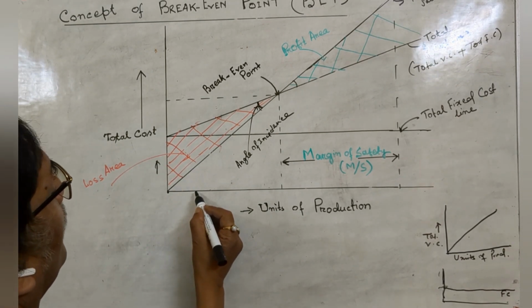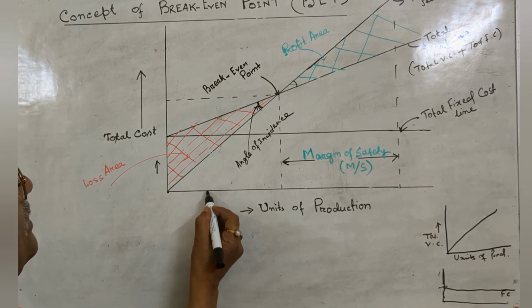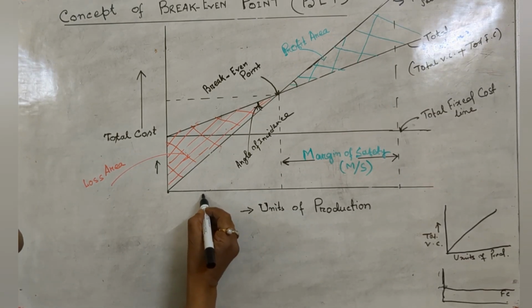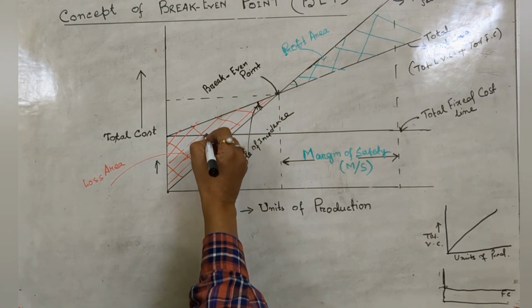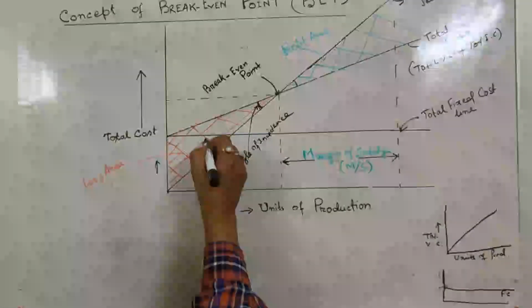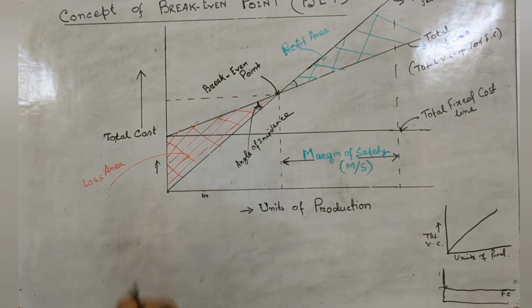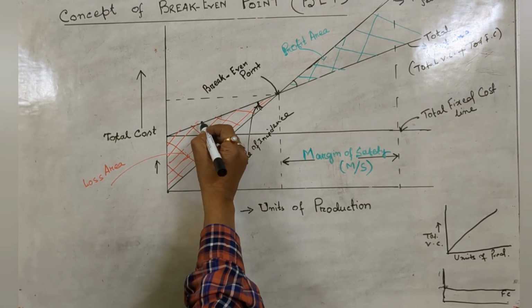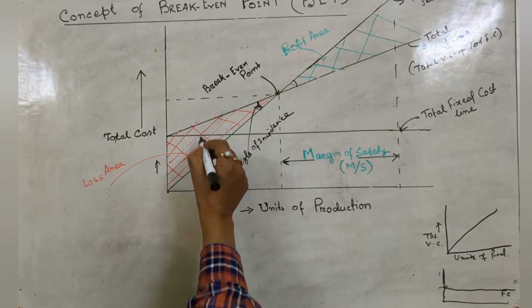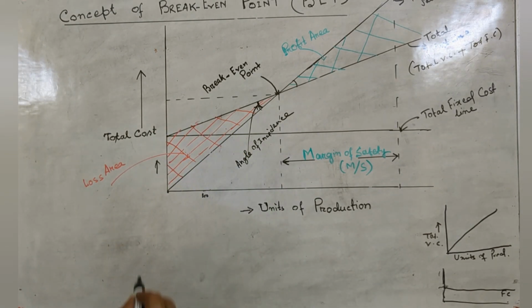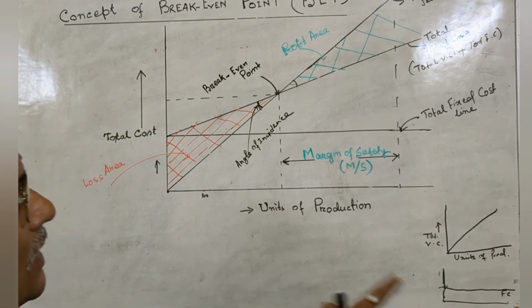Now, as the units of production increases, say this is 100 units, then the total cost line will be this fixed cost plus the variable cost for 100 units. That's why the total cost line is slightly higher than this. But it is not passing through the origin as discussed earlier.